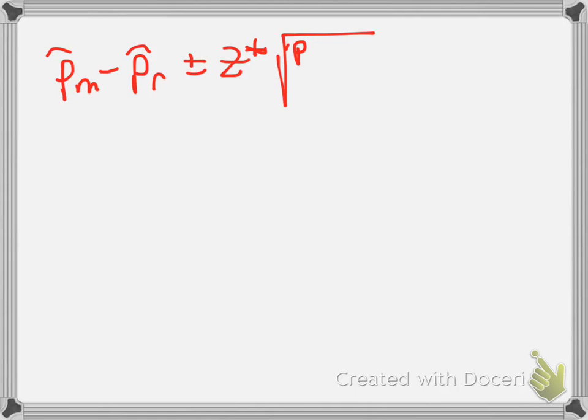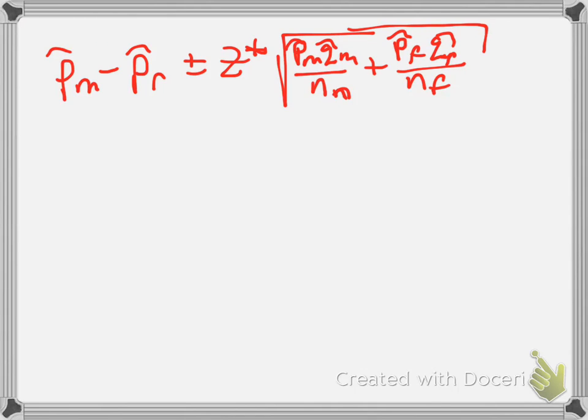So now let's go do the math. So the math is going to be PM hat minus PF hat plus or minus my z-score times the square root of PM hat QM hat over NM, the N for M, plus PF hat QF hat over NF. Okay, this is a 95%, okay? So what do I have?